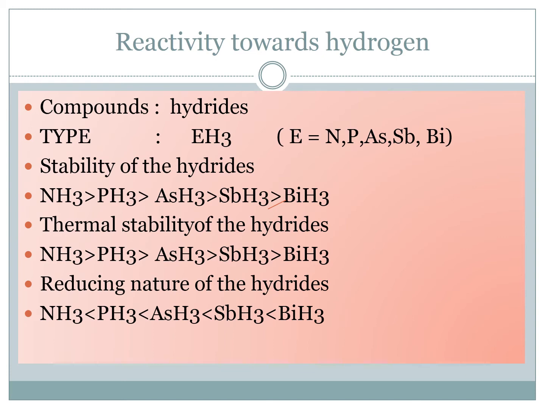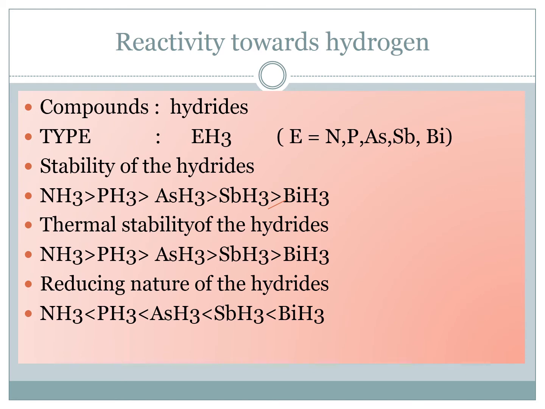When we check the stability, ammonia becomes the most stable one and the least stable is BiH3. When we check the sizes of the central atom, you find that as we move down the group, the size of the central atom keeps on increasing. When the sizes increase, bond length increases, bond strength decreases, due to which the bond dissociation enthalpy becomes lesser.